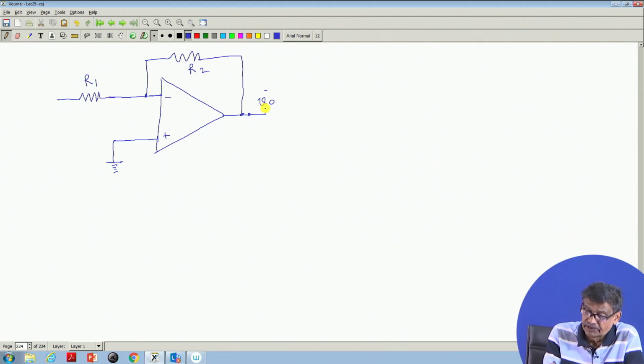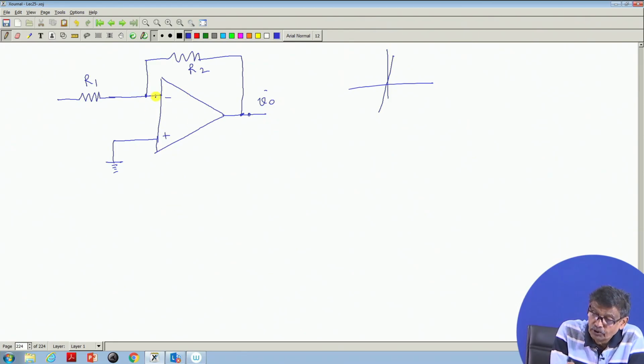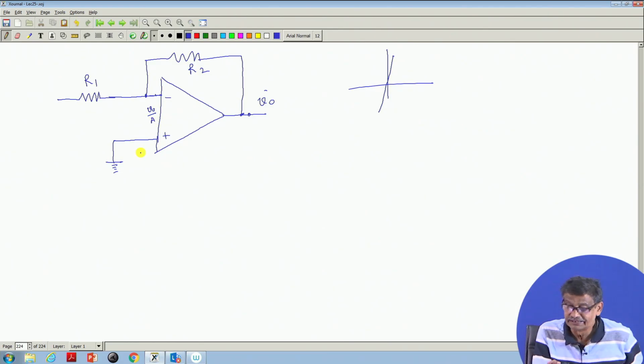If it is some finite voltage and the op amp is operating in the linear zone, meaning that the voltage required to get V naught here, how much will this be? This voltage will be V naught by A, that is what will exist, because it is a differential amplifier.